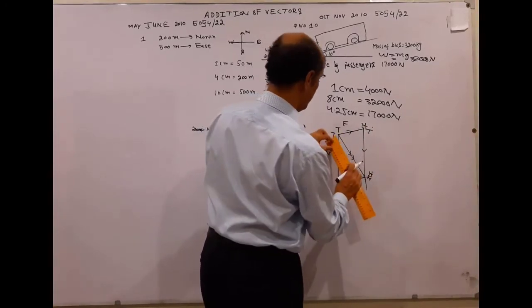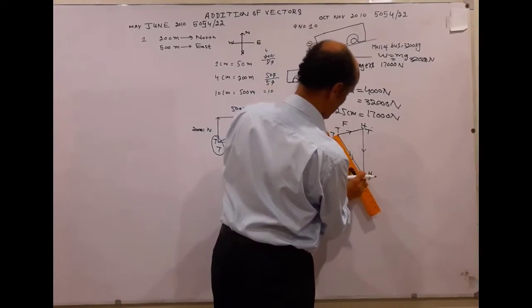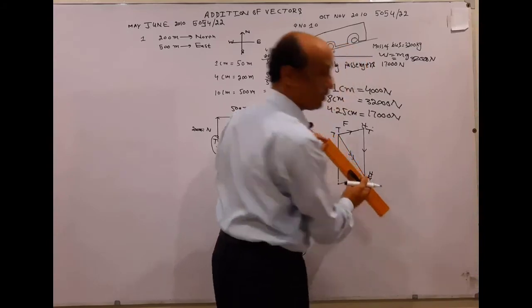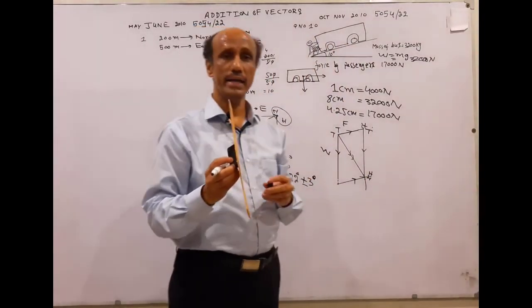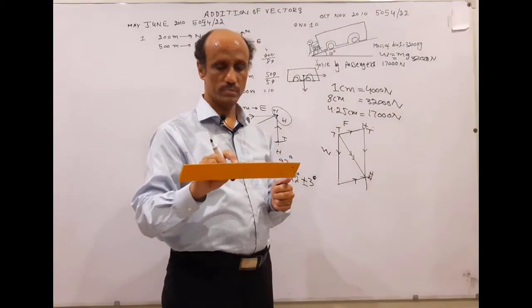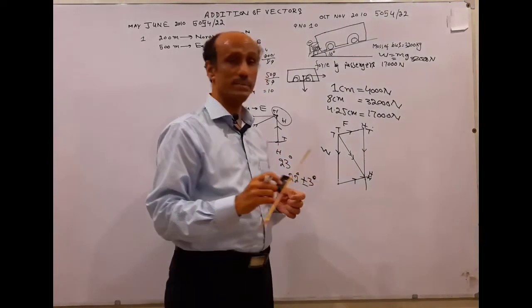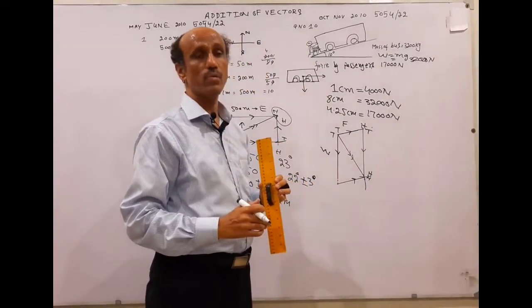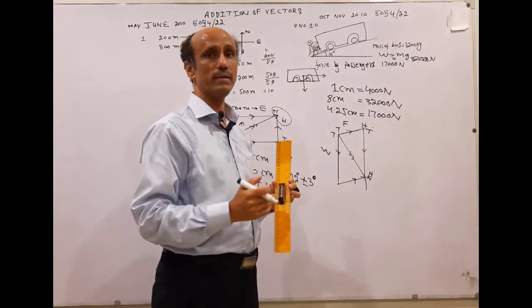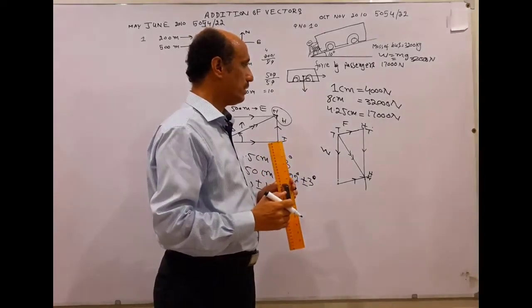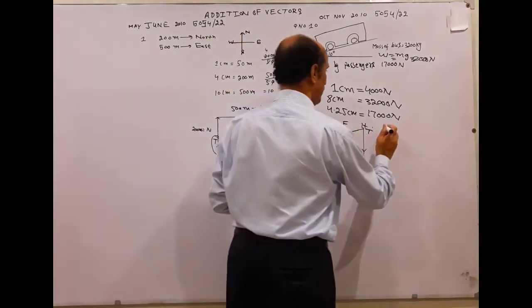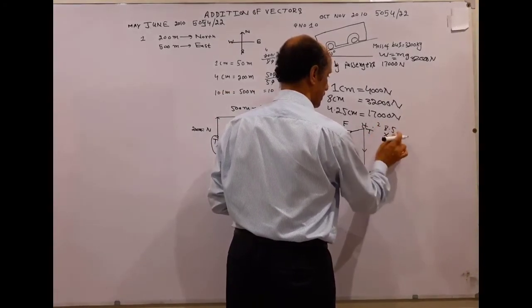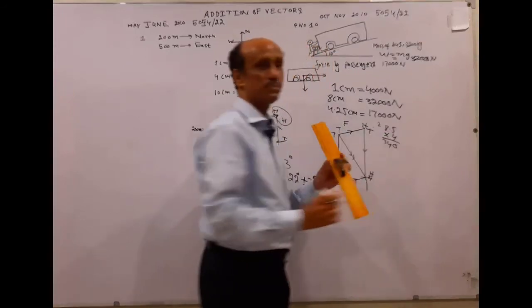So we will measure this. It is around 8.5 centimeter. So we will multiply it by 4000 and then we will get the answer. 8.5 into 4 is 34.